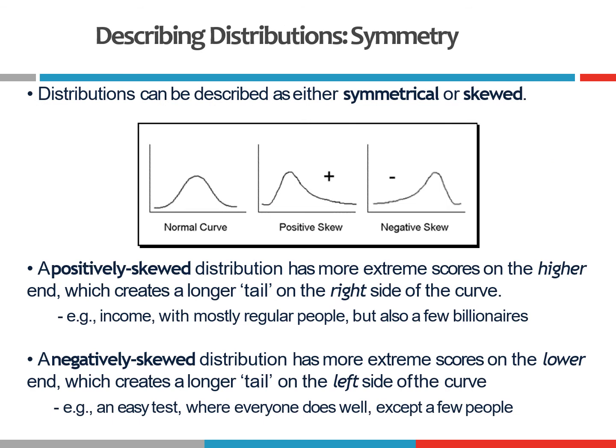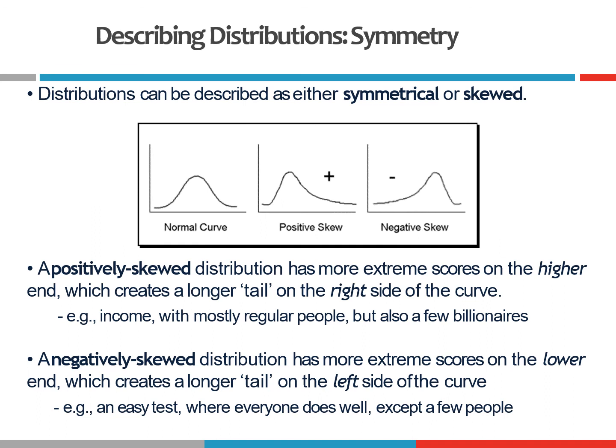So as I mentioned in my previous slide, variables that approximate the bell curve or the normal curve are going to have a symmetrical shape, right? Where there's only one peak that falls within the center of the distribution, right? So we can either describe distributions as symmetrical or approximating the normal curve, or skewed.